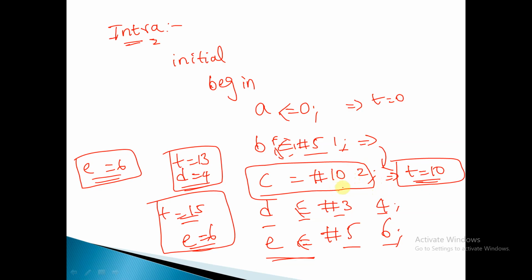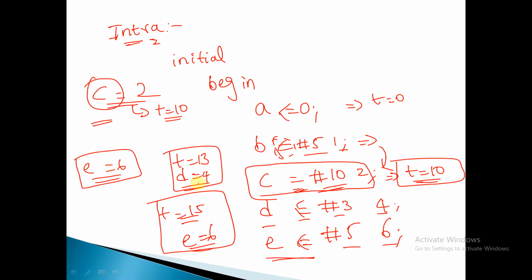No, execution started at t is equal to 0, but the updation is taking 10 time units to update. Since we are using this particular blocking, C is waiting for 10 time units to get the value of 2. So this is also a delay, right?